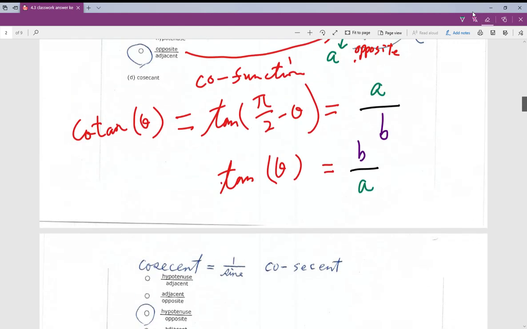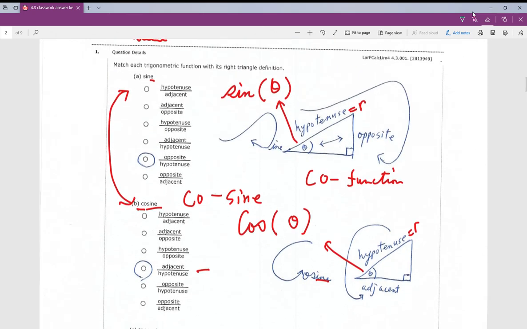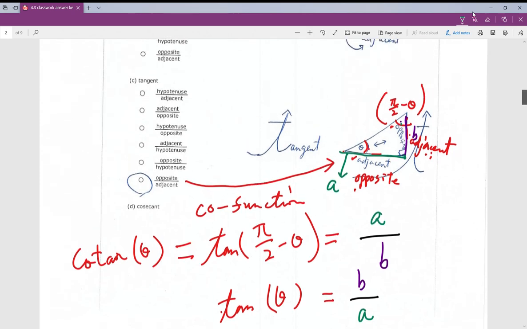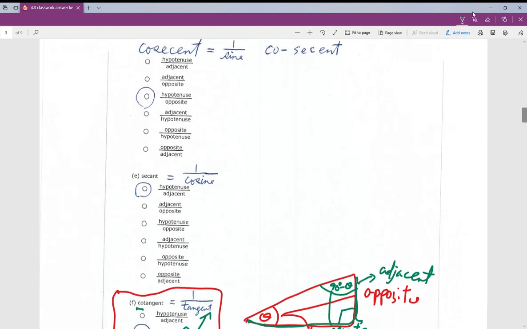Then we go back to sine, cosine. We talk about the sine function and the cosine function because they are co-function. Because they are co-function, they have the names cosine and sine. Then we talked about tangent already. Now, two more: cosecant and secant. Secant, by definition, is the reciprocal of cosine.